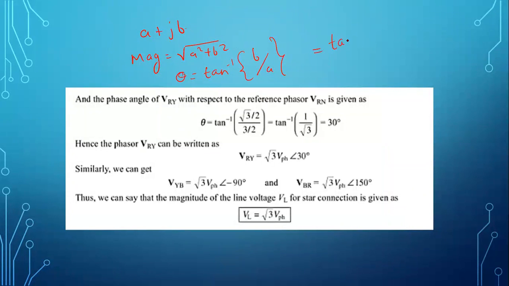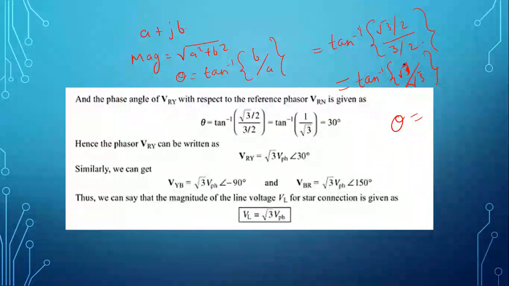Here my imaginary part is root 3 by 2 and my real part is 3 by 2. So the 2 cancels, root 3 by 3, which is 1 by root 3. So this is tan inverse of 1 by root 3. So here your theta is coming out. When tan inverse of 1 by root 3, students, what is the value of theta?